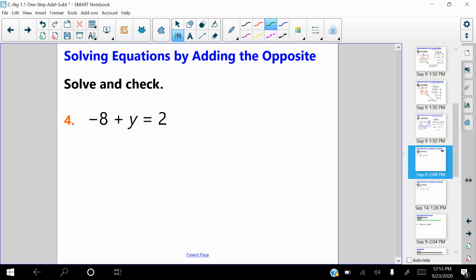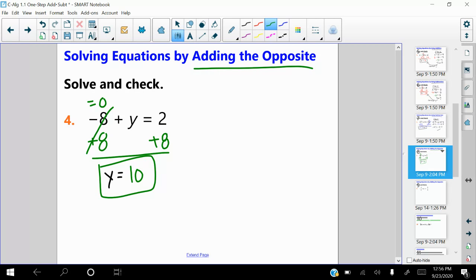We currently have a negative 8. We want this to be equal to 0. So in order for that to happen, we have to add 8 to both sides. That's why we're adding the opposite. When we do that, that cancels out. We're left with y is equal to 2 plus 8, which is 10.